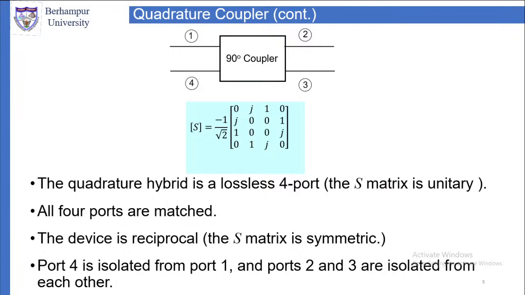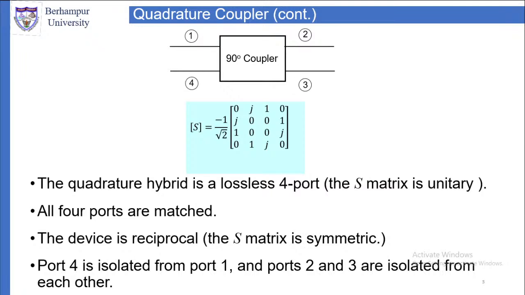Then the next property is that the device is reciprocal. If the device is reciprocal, then by the property of the S matrix, it will be symmetric. So the S matrix of this coupler is unitary and symmetric. These 2 conditions are to be satisfied.